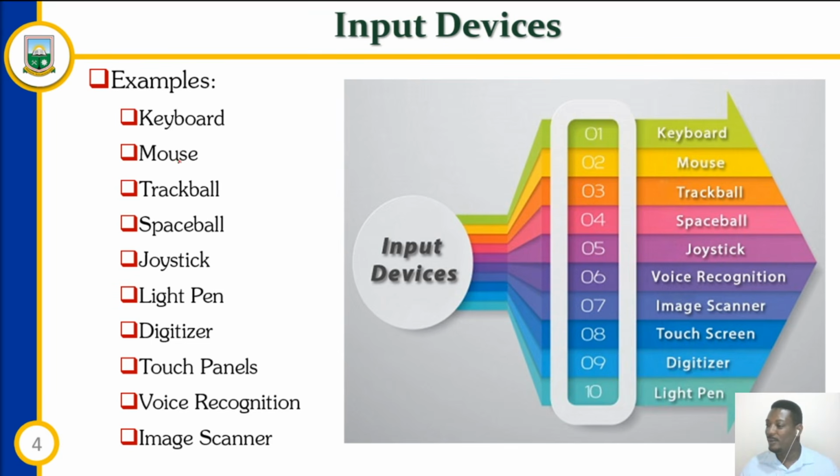So looking at the second one, which is the mouse. A mouse is a pointing device, and it's used to position a pointer on the screen. As you already know, it's a small palm-size box, let me put it that way, that is normally used to point at items on the screen of our computer.